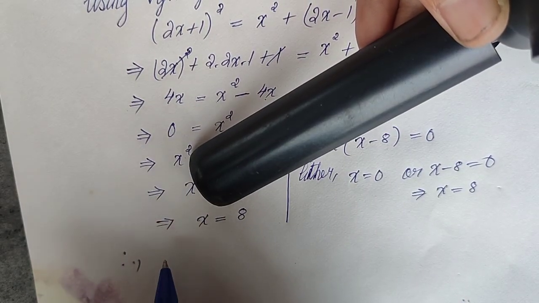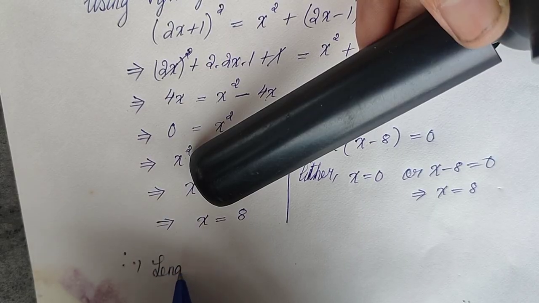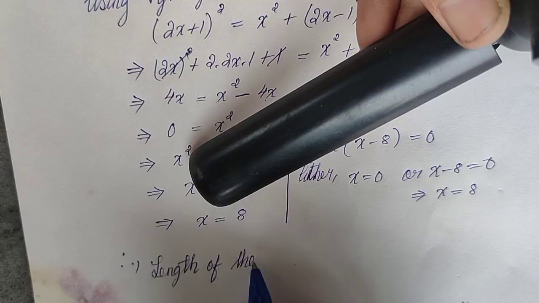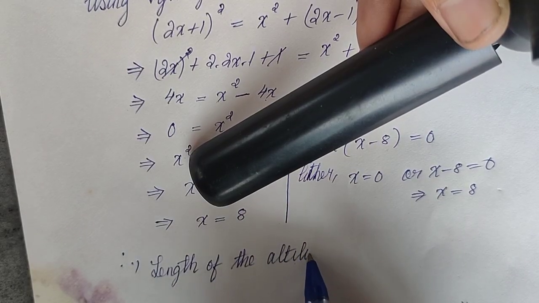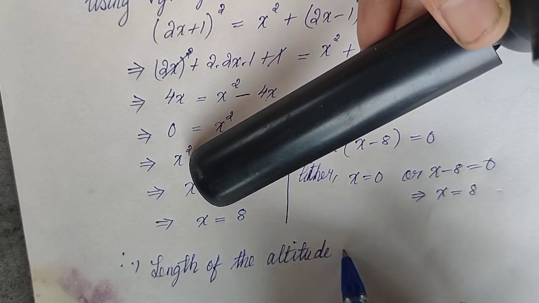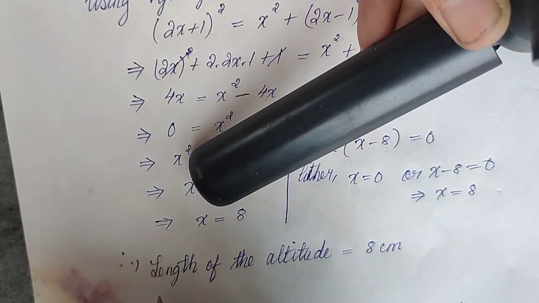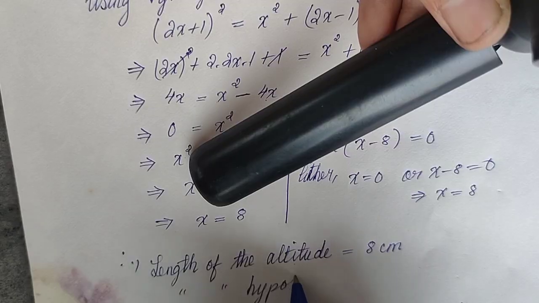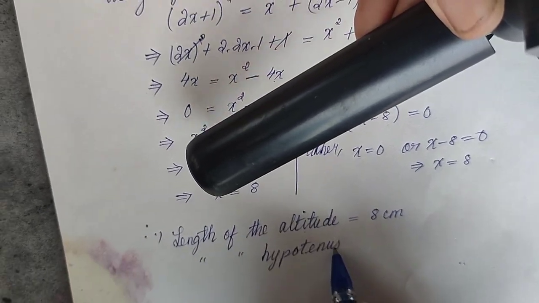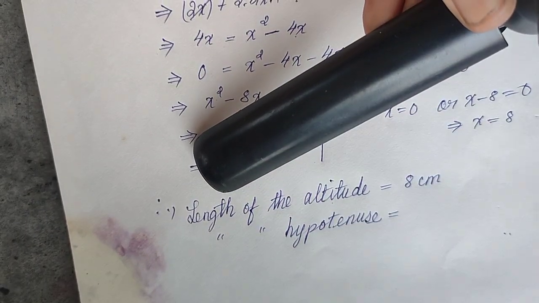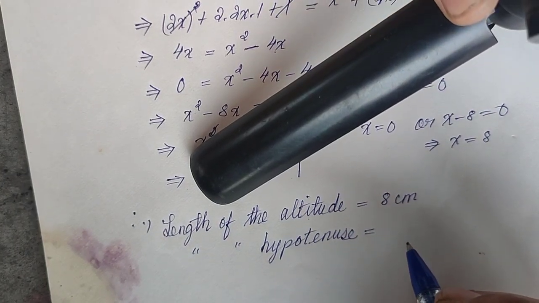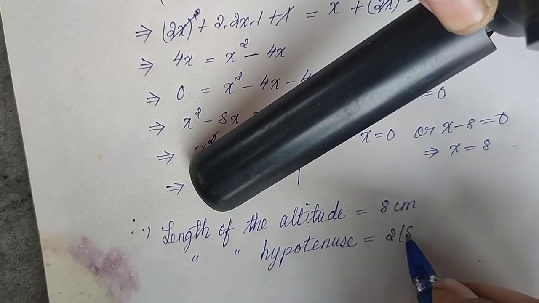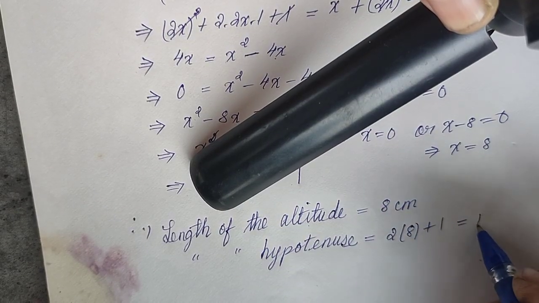Therefore the length of each side: the length of the altitude x is 8 centimeter. The length of the hypotenuse 2x plus 1 is 17 centimeter.